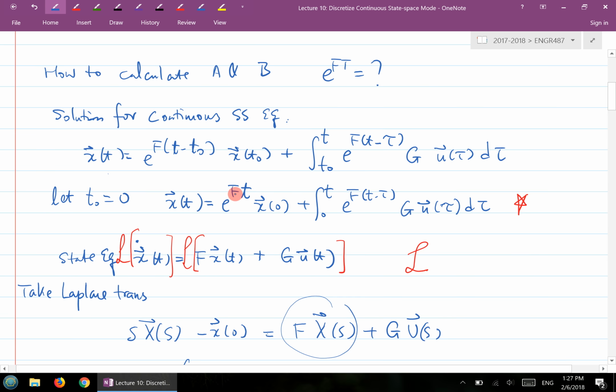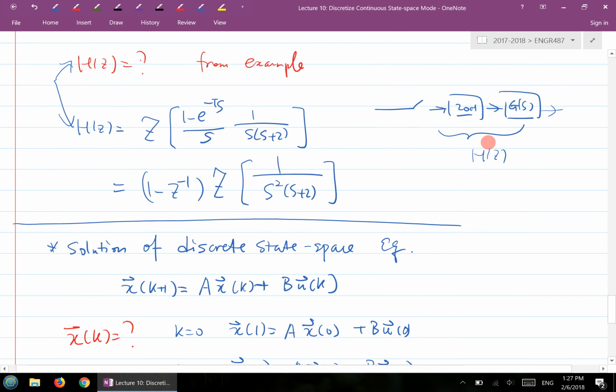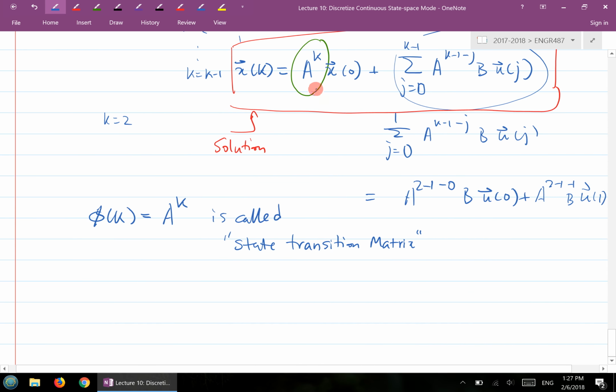So coming back to this one here, here is a state transition matrix. Let's still start with a very simple case. Suppose I have a scalar, so everything's scalar. So the A here is not a matrix, it's just a scalar, a 1 by 1 value.